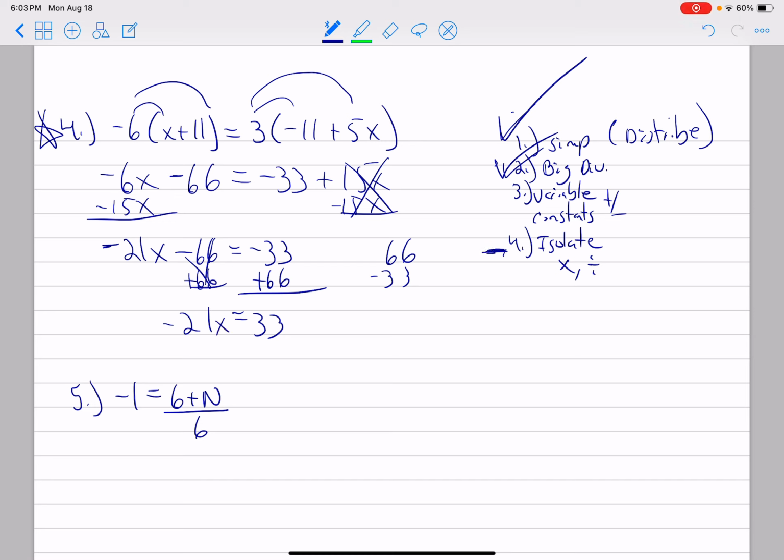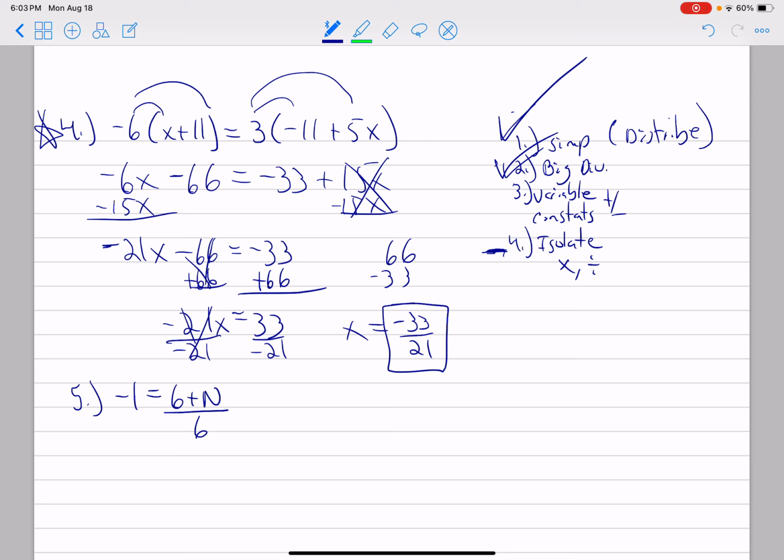Isolate. Now, step 4. My variables are on the left. My constants are all on the right. So I can move on to step 4. Isolate my variable. Divide by negative 21. Divide by negative 21. X equals negative 33 over 21. And you can keep it as a fraction. Just like that.